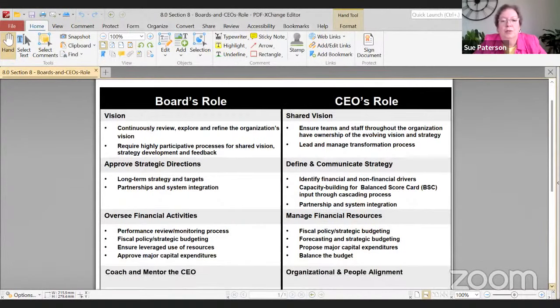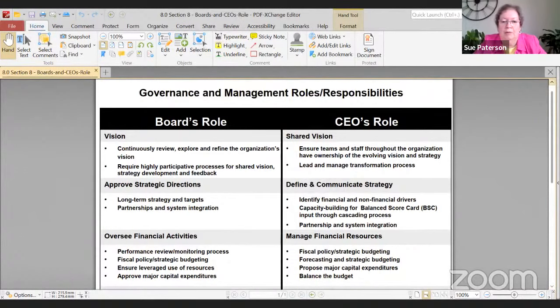Era. So the board's role for the vision is to continuously review, explore, and refine the organization's vision, and it requires highly participative processes for shared vision, strategy development, and feedback. The CEO's role is a shared vision to ensure teams and staff throughout the organization have ownership of the evolving vision and strategy. It is also to lead and manage transformation, the process.